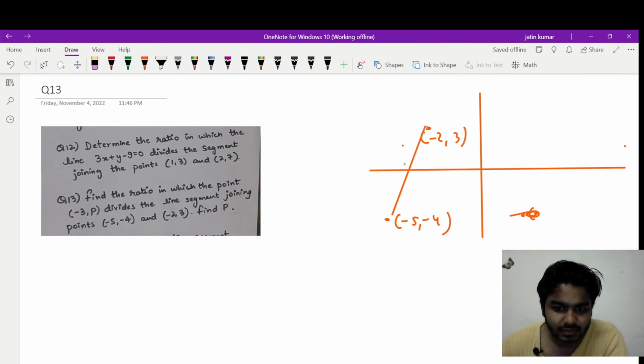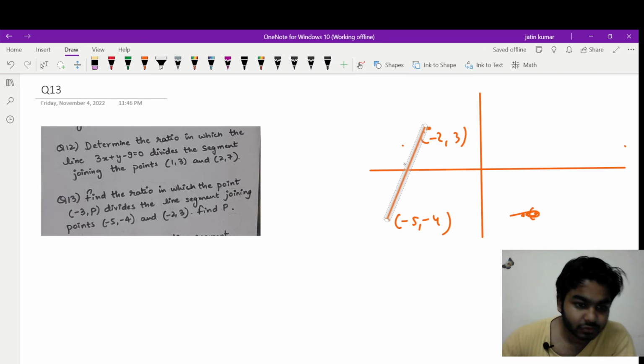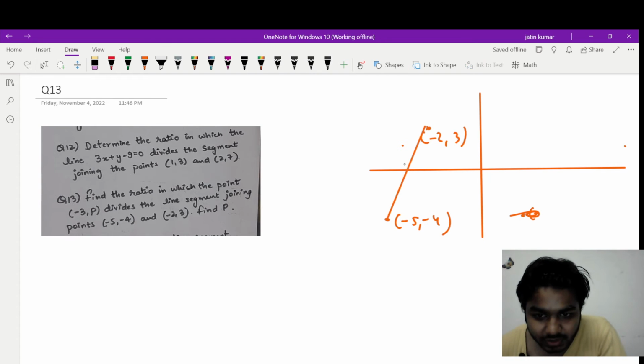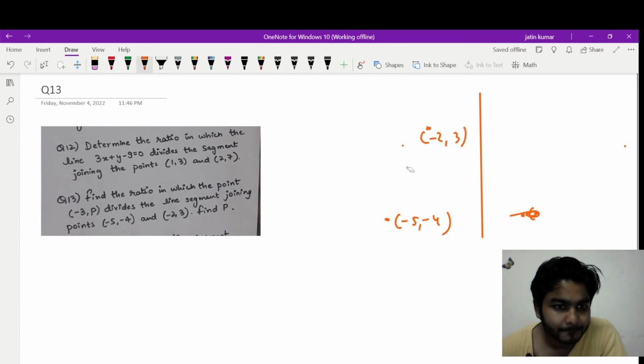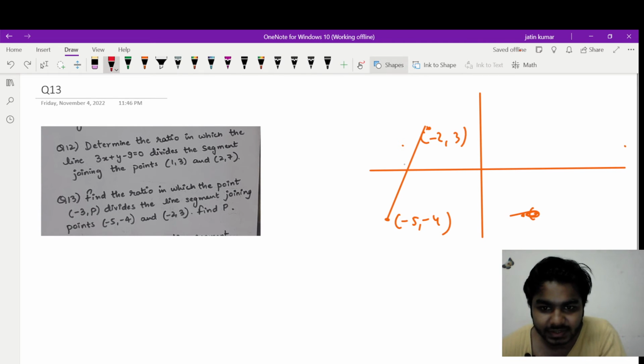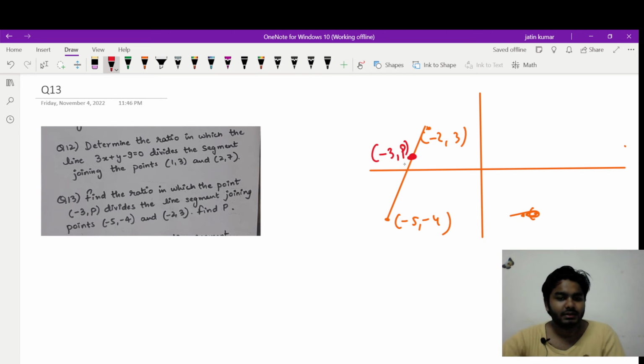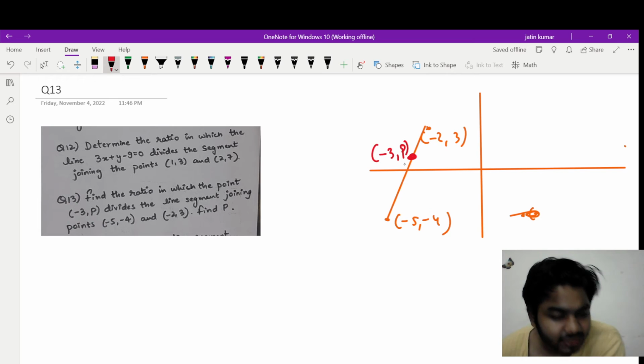So the question is asking, find the ratio in which a point somewhere here, minus 3 comma p, will divide this line segment. Let's call that ratio m ratio 1.